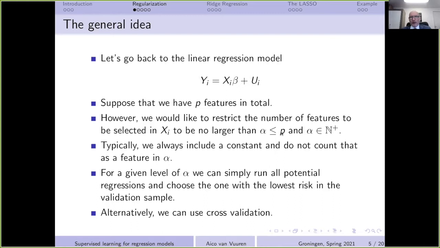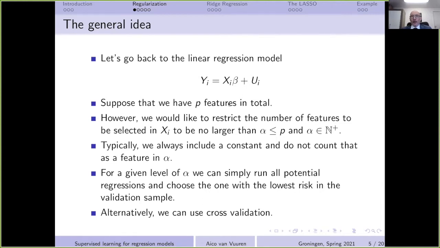So p equal to 50 means that we have, in a sense, 51 different features, including a constant, and 50 excluding that particular constant. So we will always consider a regression where we already have included a constant, even though I usually don't write it like that. Over here, we always include a constant in any kind of regression.